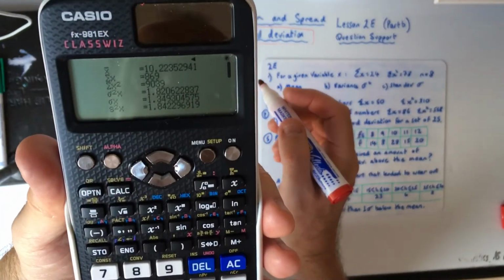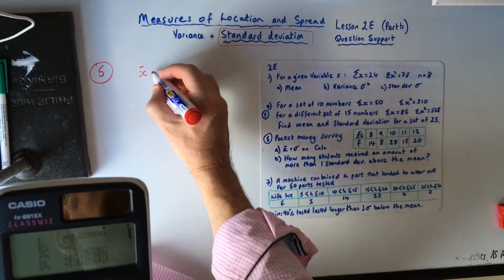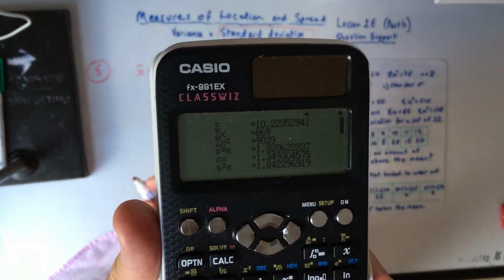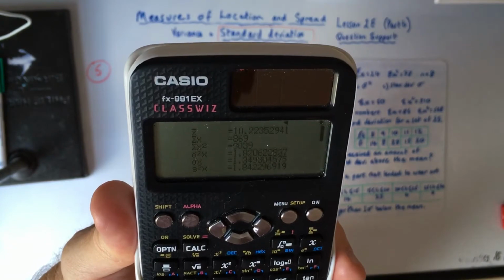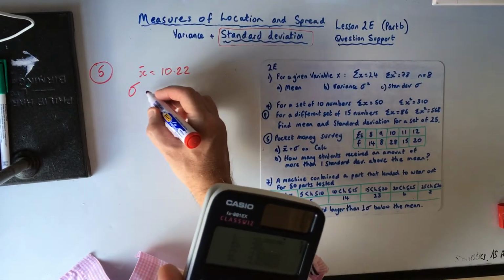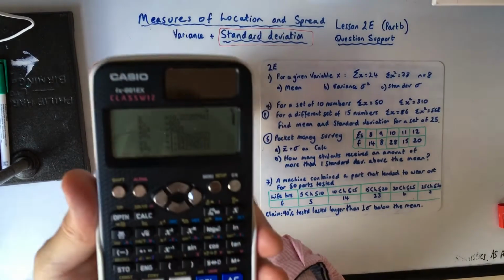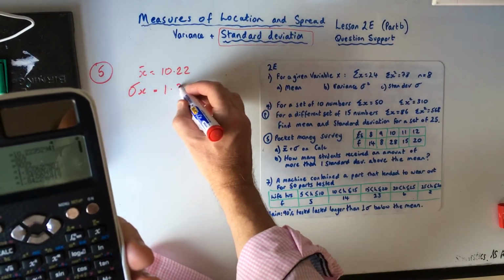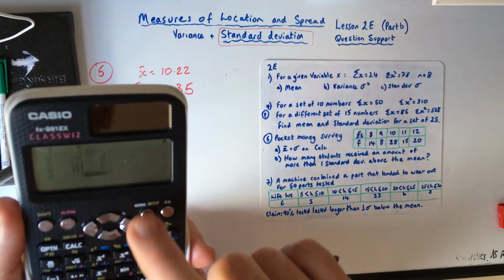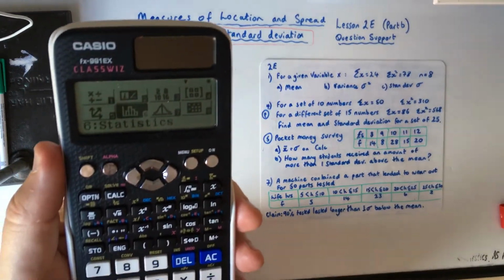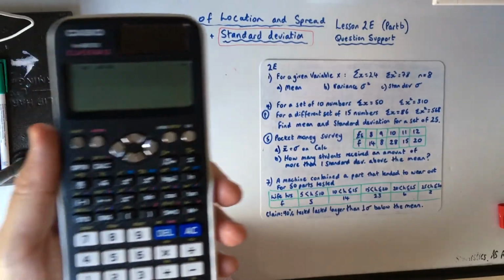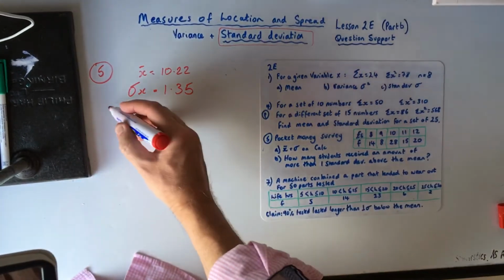So the mean is the top one, so 10.22, and the standard deviation is 1.349, so 1.35 standard deviation. They've put it standard deviation of x, so 1.35. There we go. Okay, I'm just going to change it back to 1 now, and now it's back in its normal mode for the next bit of the calculation. Okay, so I've got that, and I know that's right.